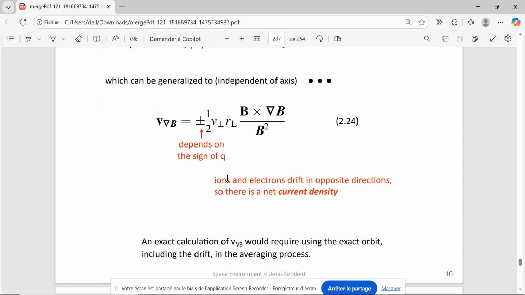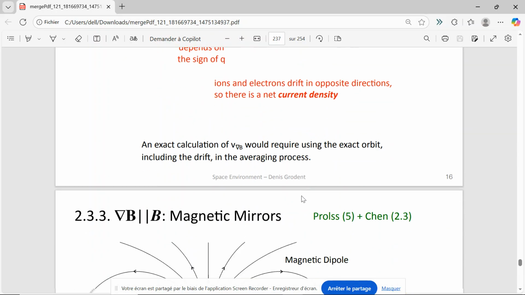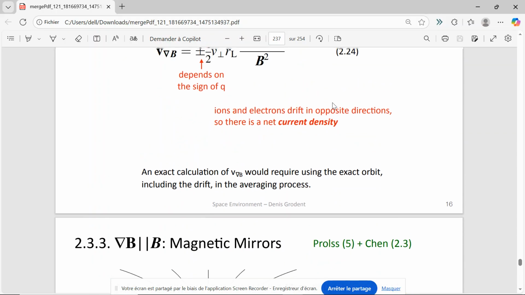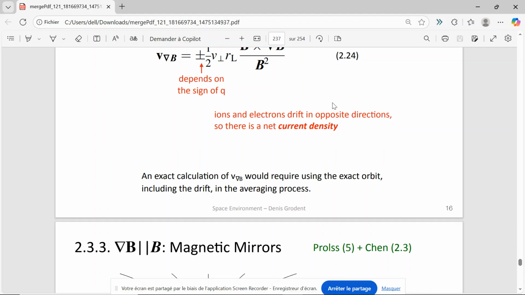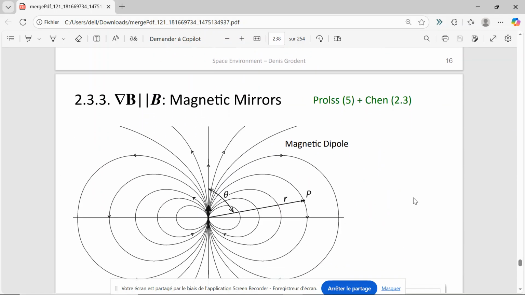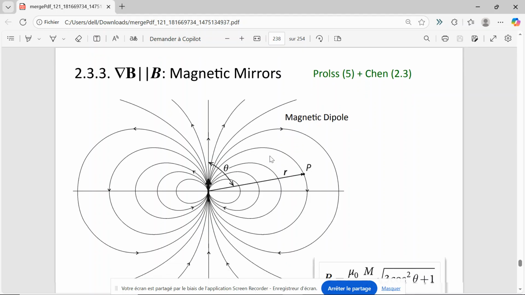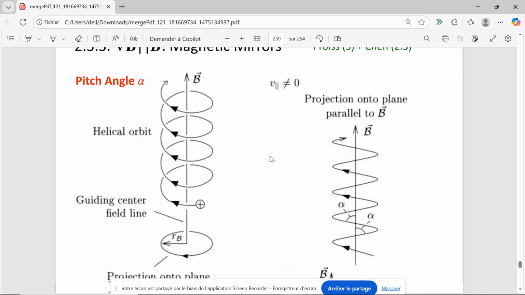This is why ions and electrons go in opposite directions, and this creates the current density. This is exactly how we got the ring current, when we have a gradient of magnetic field. Knowing the direction of this magnetic field itself, this is a bit different.